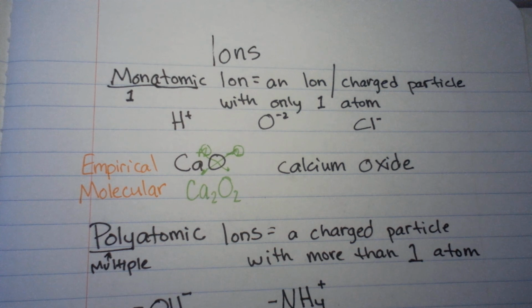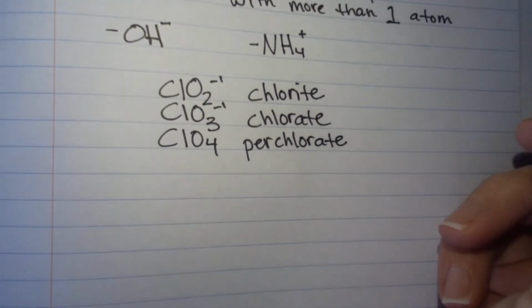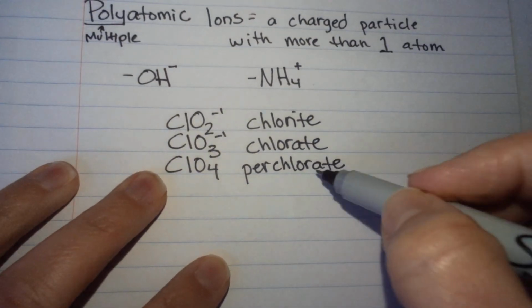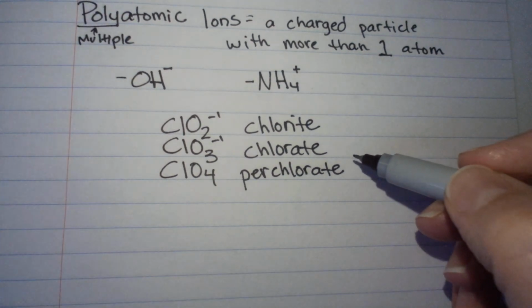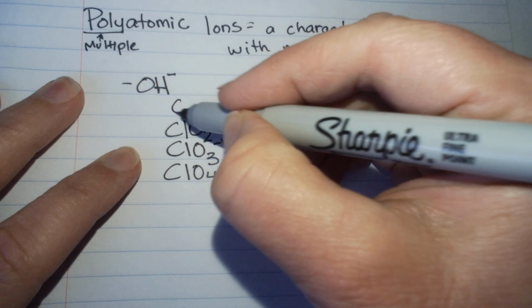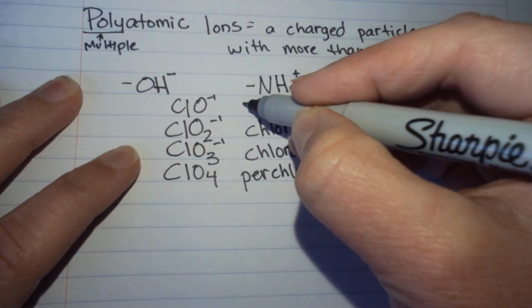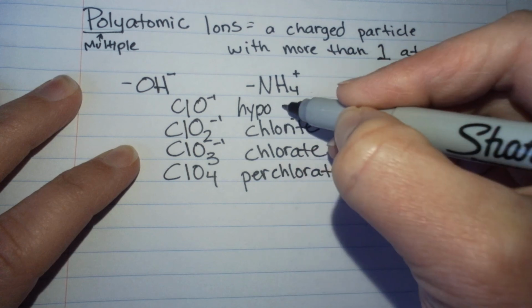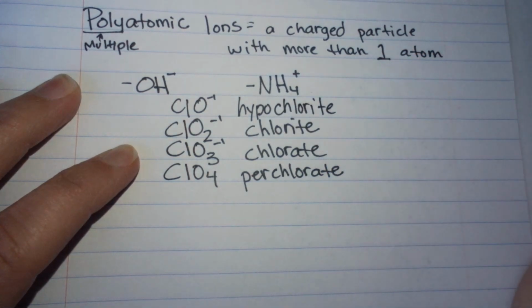That's called perchlorate. And you cannot see what I am writing. It's called perchlorate. You can also have ClO with still a -1 charge, and that is hypochlorite.